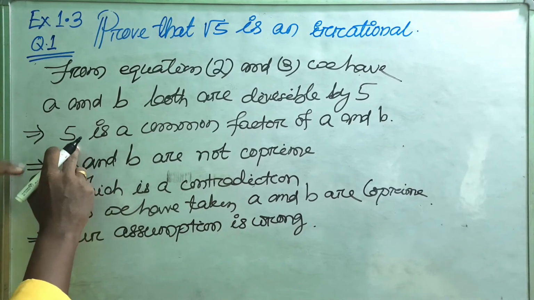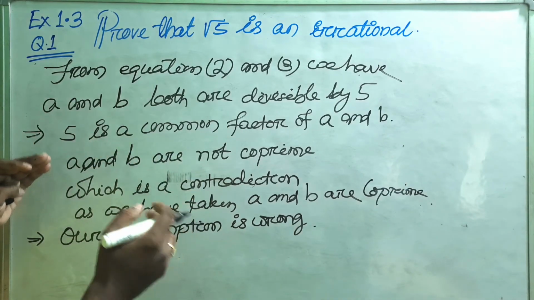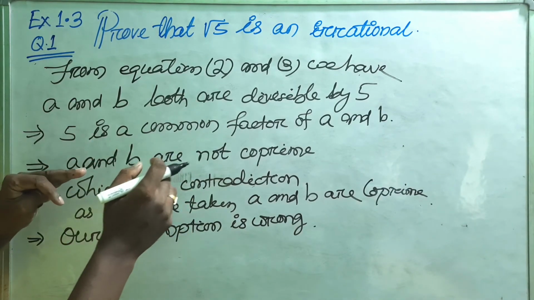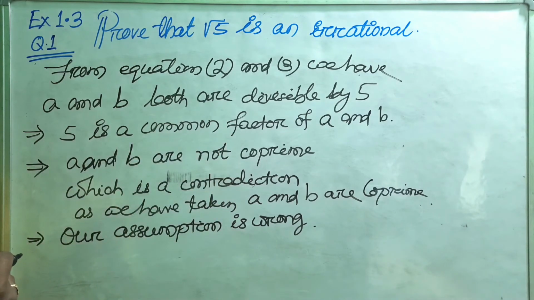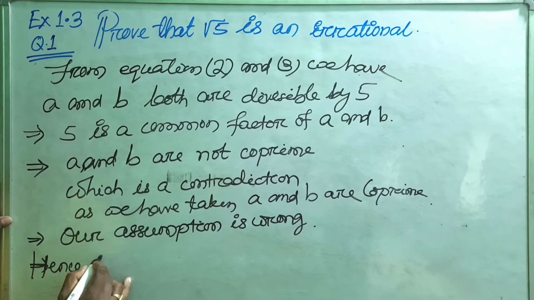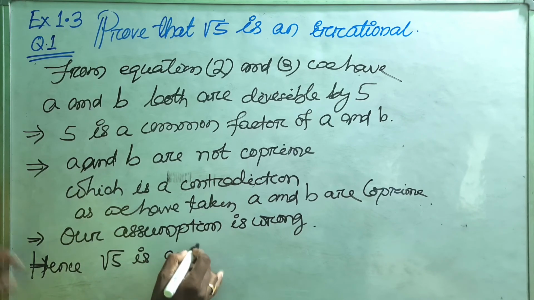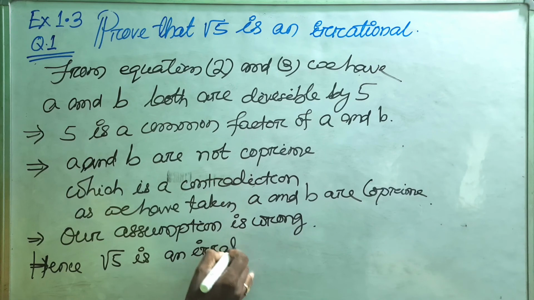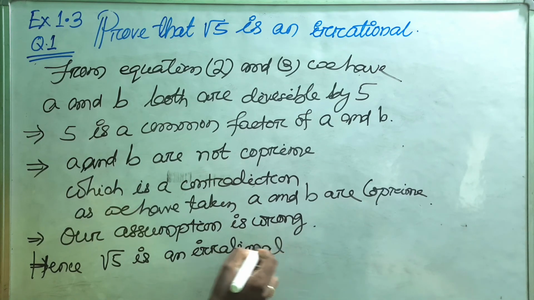That is why we are getting a contrary result, that a and b are not co-prime. So our assumption is wrong. Hence root 5 is irrational. Proved.